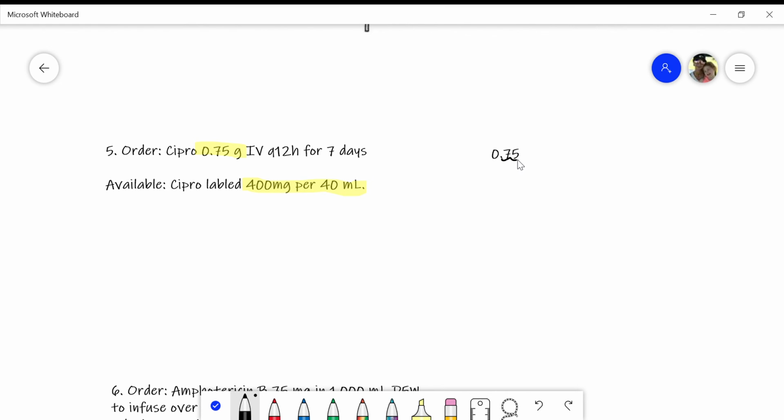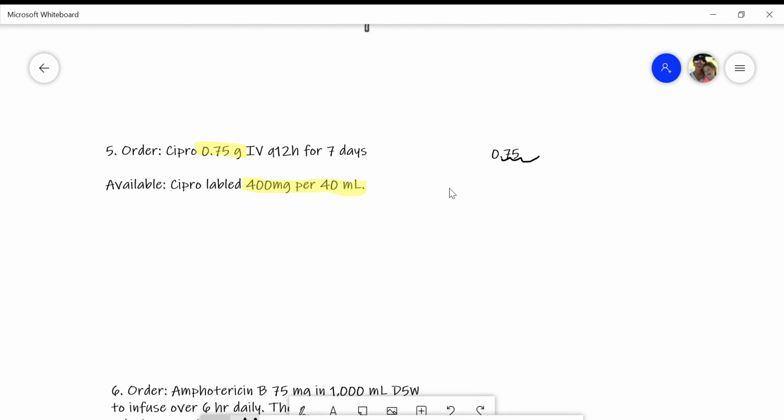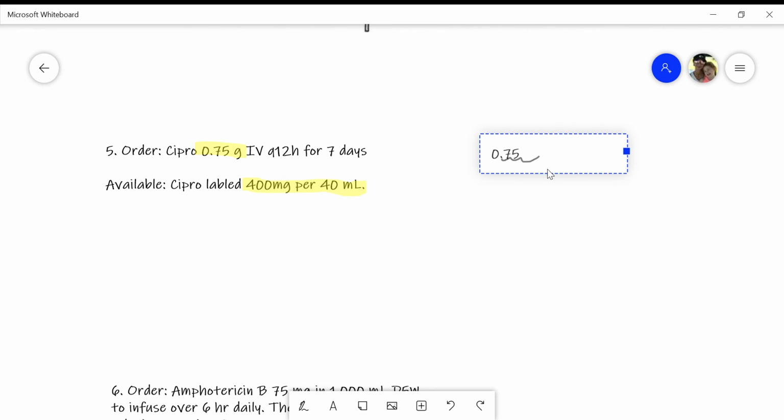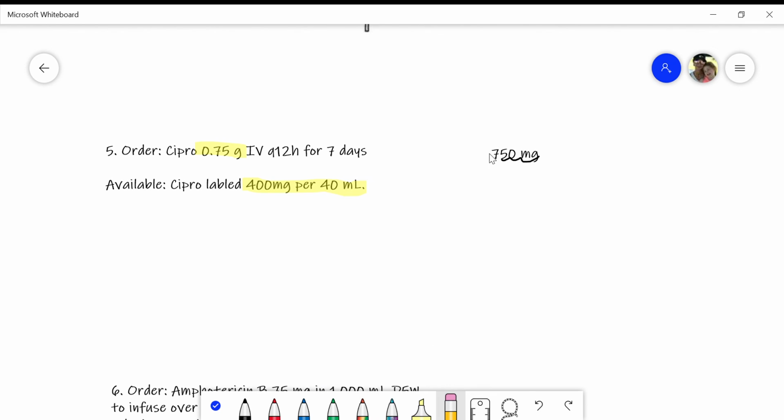So 1, 2, 3. And that's going to give you 750 milligrams. So that's what our order is.